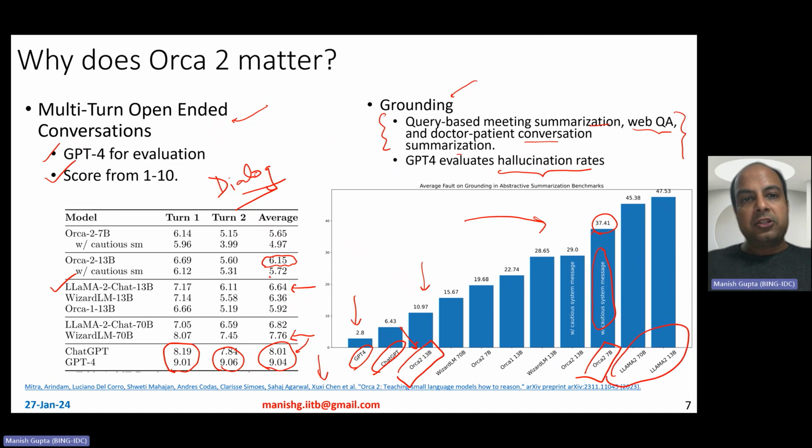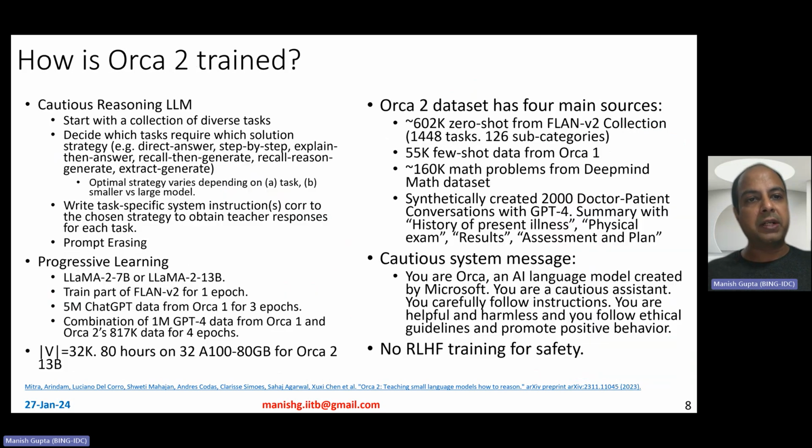So Orca 2 is a good model, but if you're using it for dialogue tasks, maybe it's not the best. Also, if you're using the cautious system message prompt, then maybe it's not the best model from a hallucination perspective.